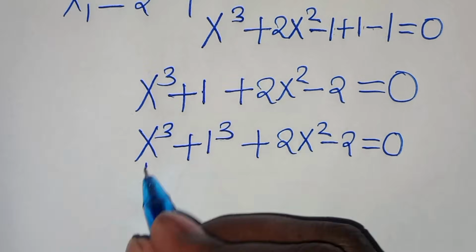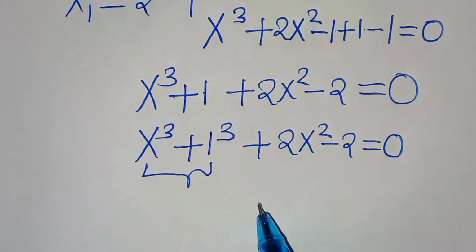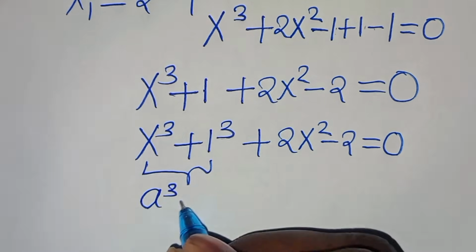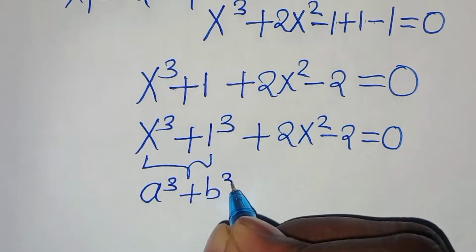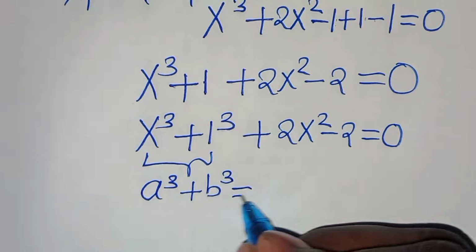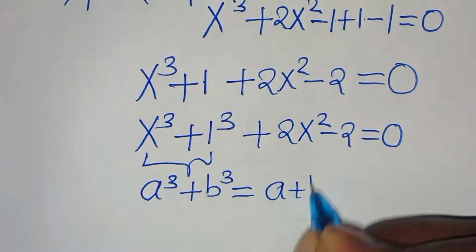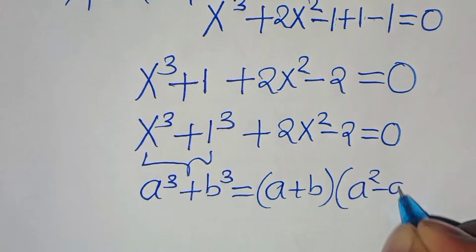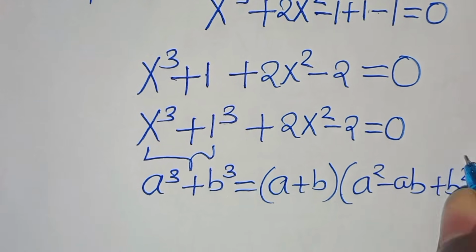Now, from this particular part here, we have a sum of two cubes, expressed as a to the power of 3 plus b to the power of 3. We can express this as a plus b into the parentheses, a to the power of 2 minus ab plus b to the power of 2.